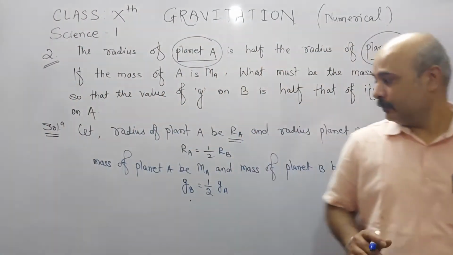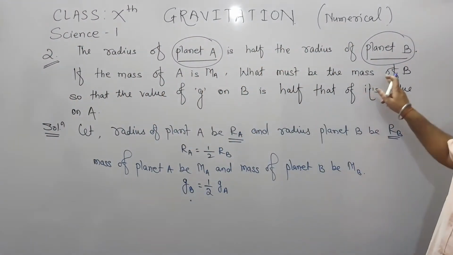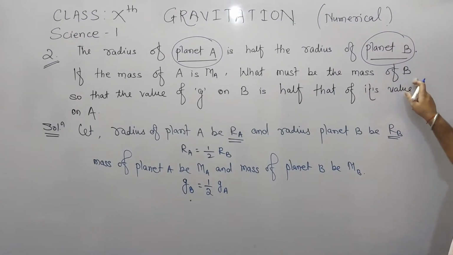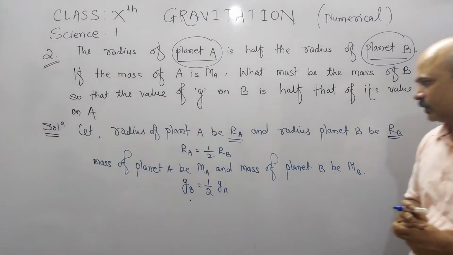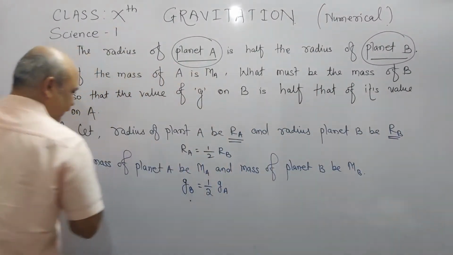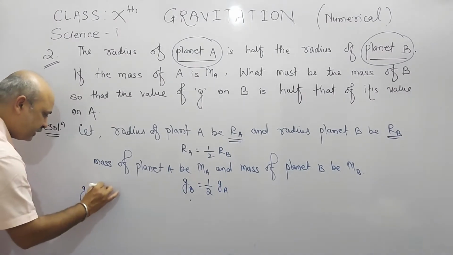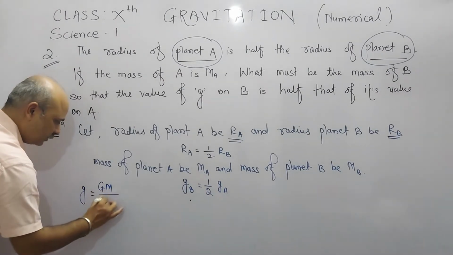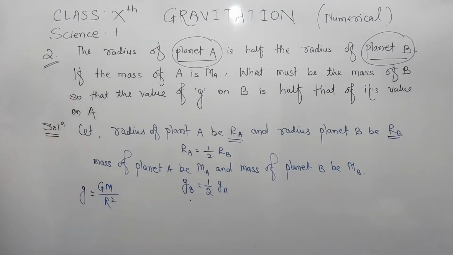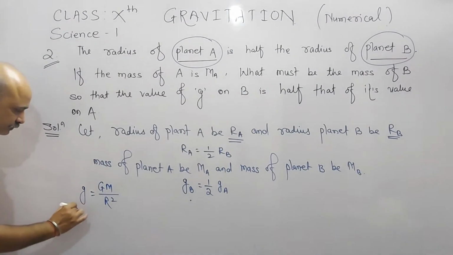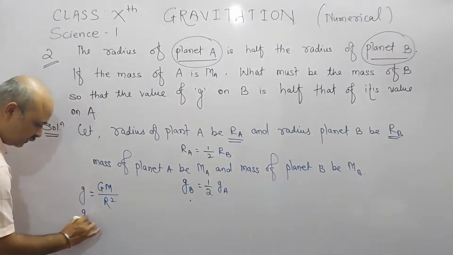So you have to calculate the mass of the planet B. How will we calculate then? We know g is equal to GM upon R square. So what will be g on planet A?